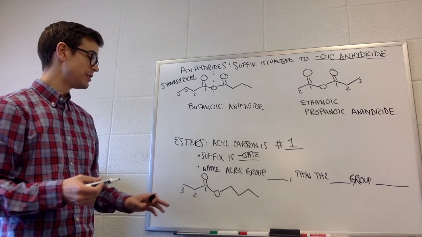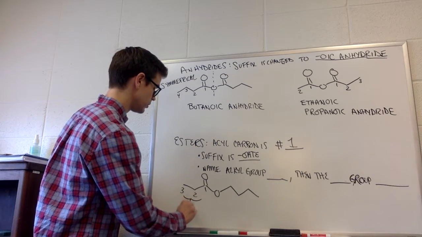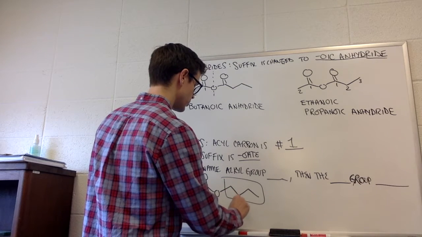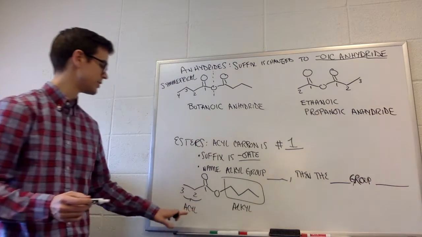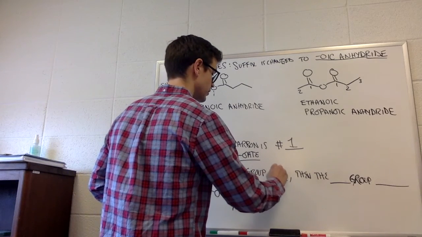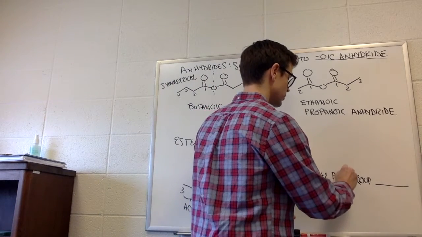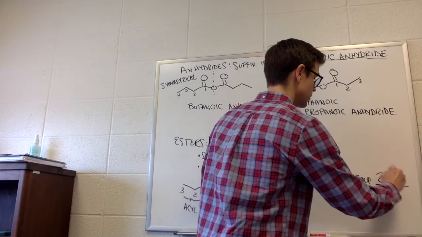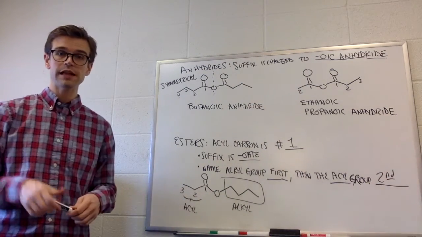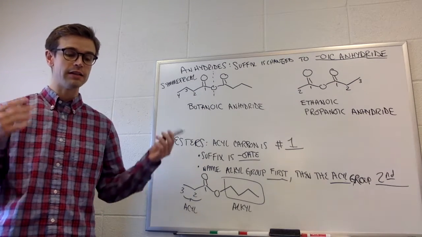But esters have acyl groups, so this would be the acyl group. And we would call this the alkyl group. That's the alkyl group. This is the acyl group. The alkyl group is named first. Then the acyl group, second. So this alkyl group is 4 carbons long. We're going to name it kind of like a substituent.